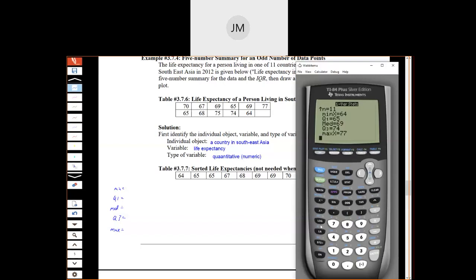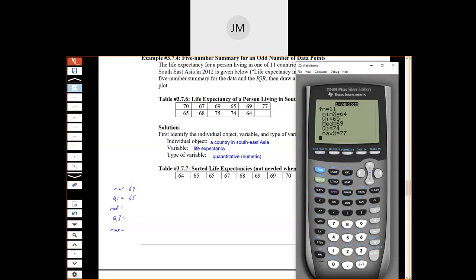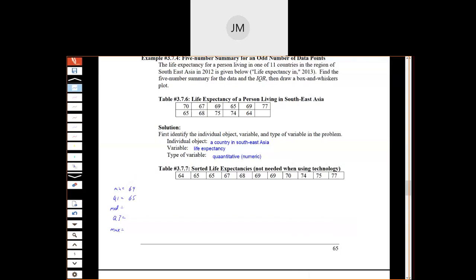Okay, so my min was 64. Q1 was 65. We had 69, 74, 77. Okay, so here's our 5-number summary.